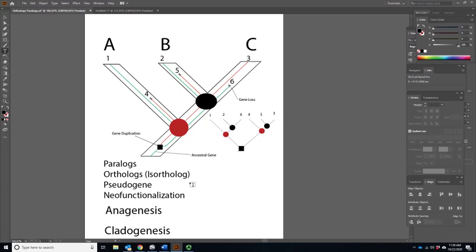And the idea is that an isortholog is not only an orthologous copy of a gene, but it has maintained the ancestral function. So two genes that are still doing the same thing, the ancestral gene, and they descended from each other at speciation events. And so this is really the power of gene duplication, is that you can have extra copies of a gene, you maintain original function in some of them, those would be referred to as the isorthologs, and then others can diverge and take on new function.